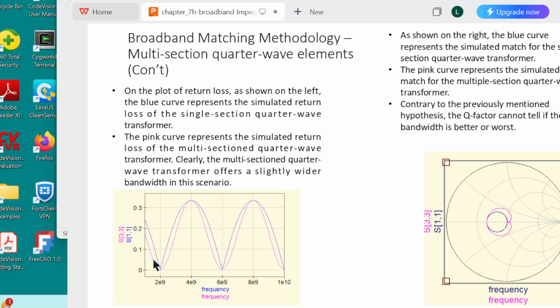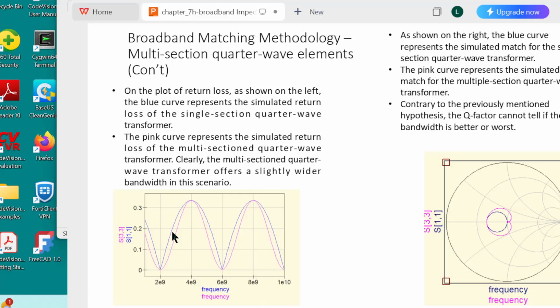In terms of bandwidth, you will see that by looking at the frequency response, the blue characteristic represents the reflection coefficient as a function of frequency. It is super sharp.